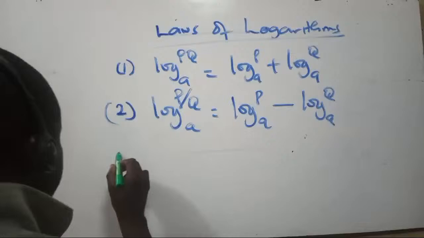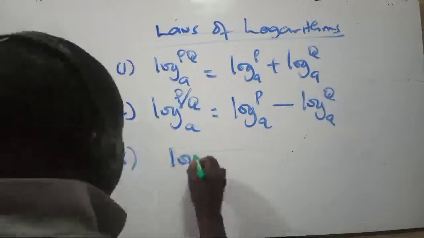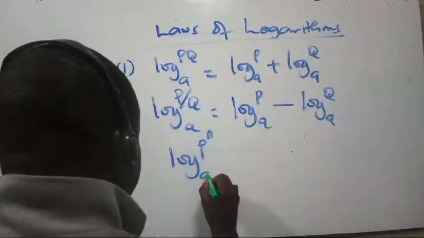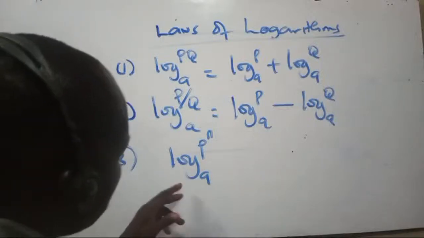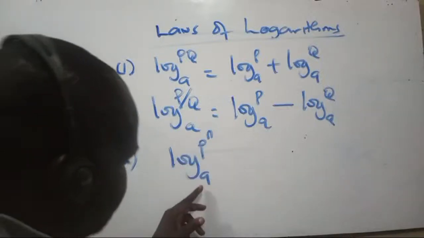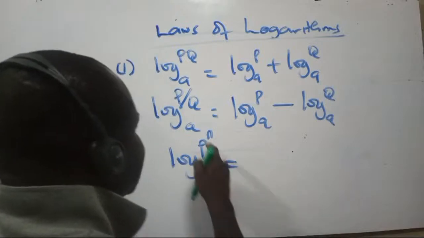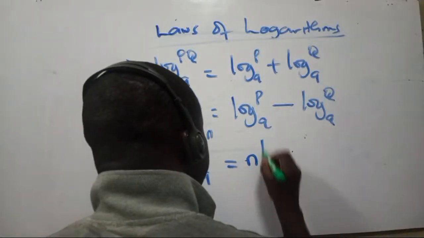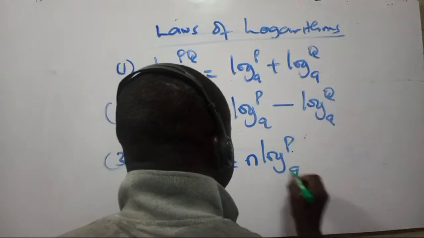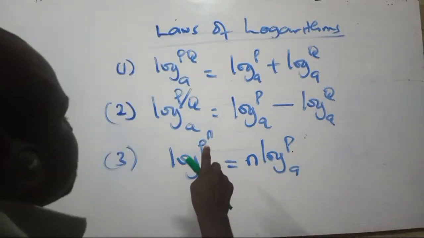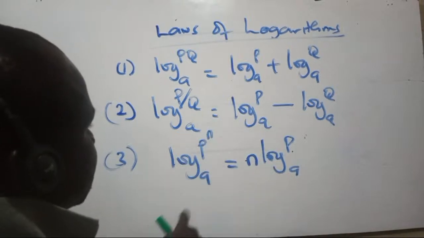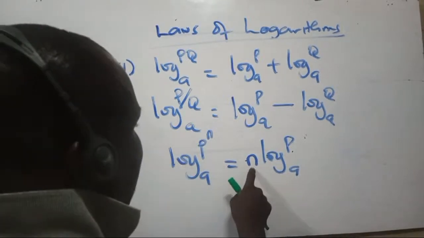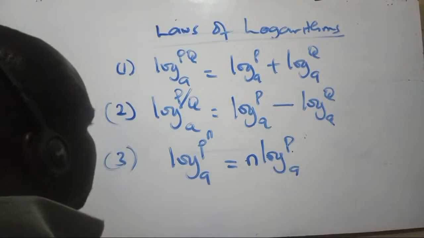Then the third law says that when you have log of p raised to power n base a, this can be written as n log p base a. That is, the n can come down so that it will be n multiplied by log p base a.